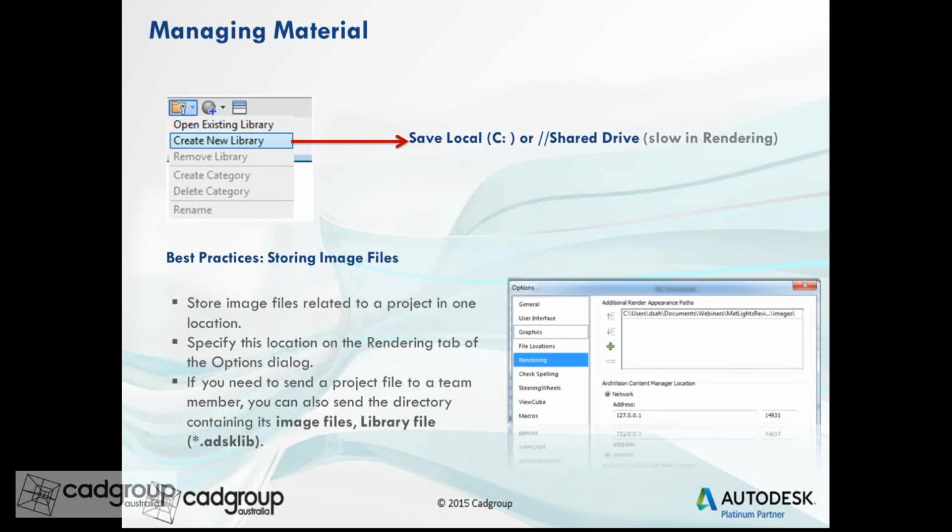Now, in the slide we have quickly shown that you can create a material library, and at the bottom I have shown some of the best practices for storing image files.